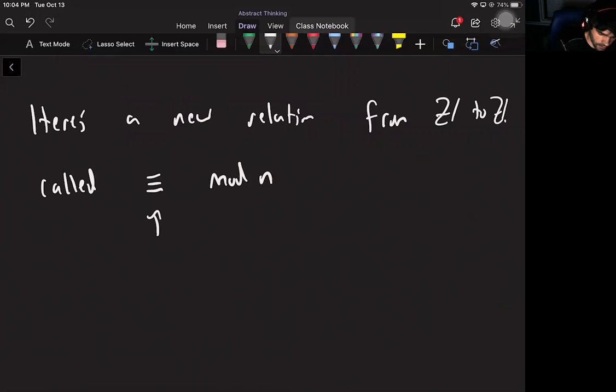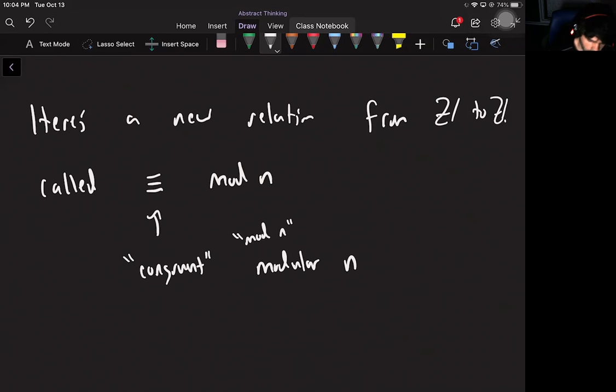This is read as congruent mod, where mod stands for modular, and then the number n. But you just read it as congruent mod n. That's how you say this phrase. Okay, but we'll say it more when we practice with it.